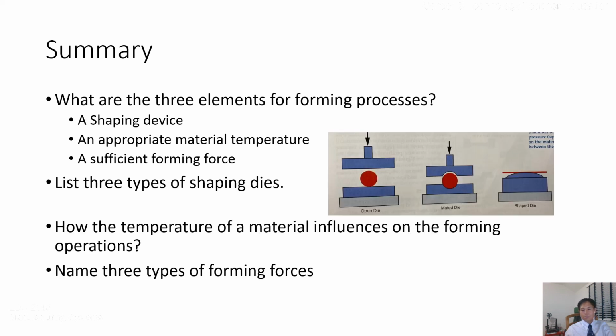These are the three elements. And then the three types of shaping dies: open die, mated die, and shaped die. Temperature has a big influence on the forming operation, because at high temperature it changes the material's properties by creating new crystals, but at lower temperature it doesn't change the properties, so it changes the strength.